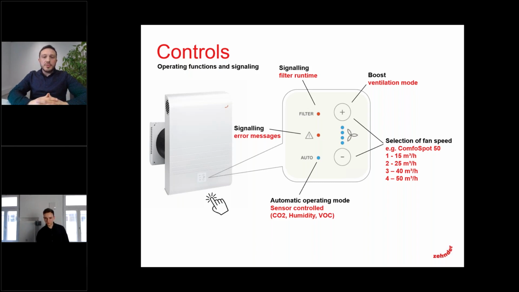So if it's time to exchange the filters, it will also show you. And it has a signaling for error messages. So different errors could occur, and this is shown with a blinking LED. The unit also shows you that it's maybe time for maintenance.